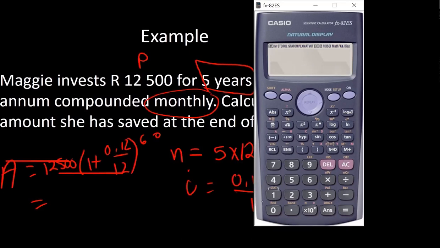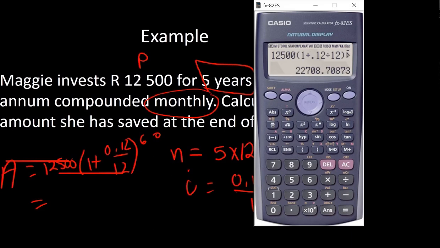Remember that you will only round your answer off in the final step. Do not do any intermediate steps and then round off. 12,500 into 1 plus 0.12 divided by 12, and that's all raised to the power of 60.